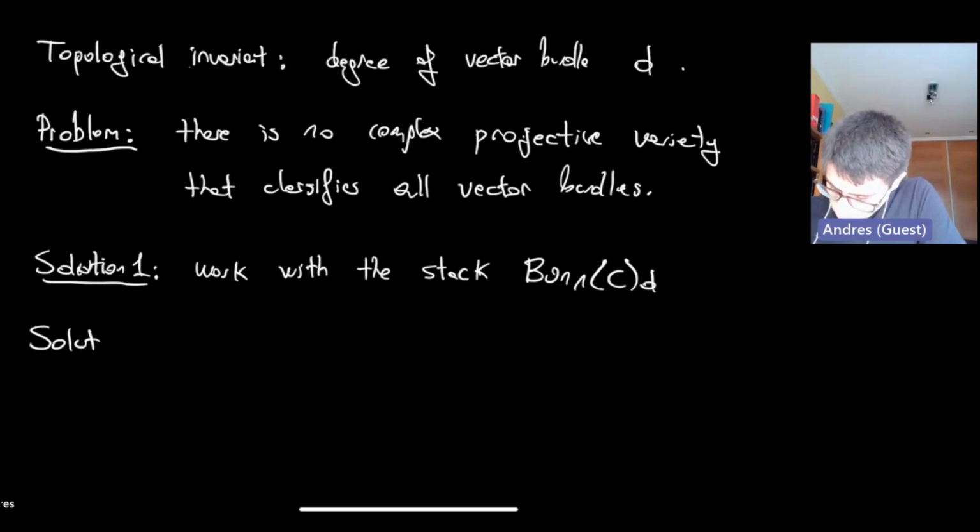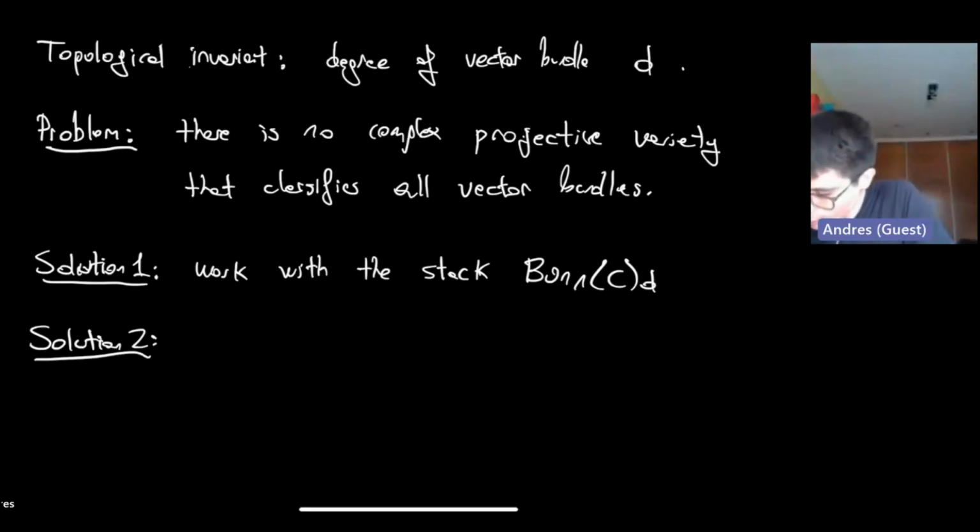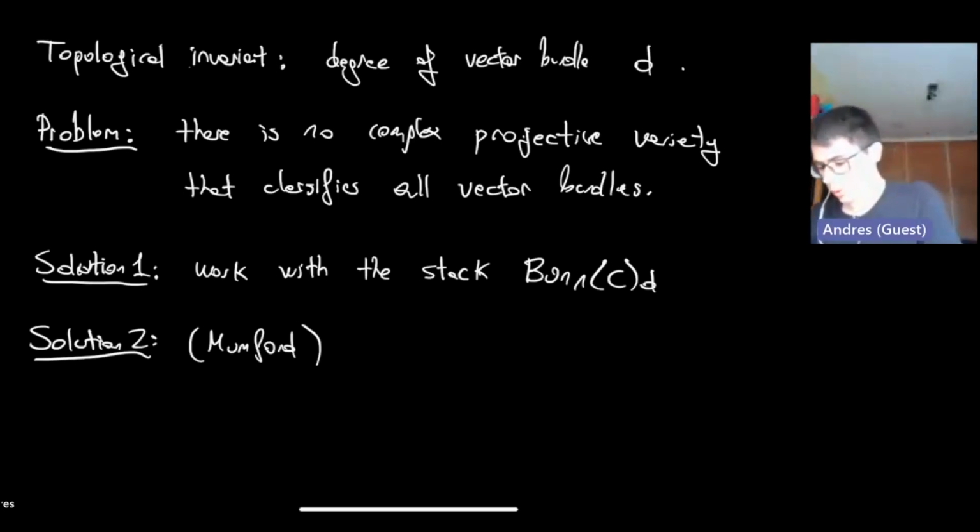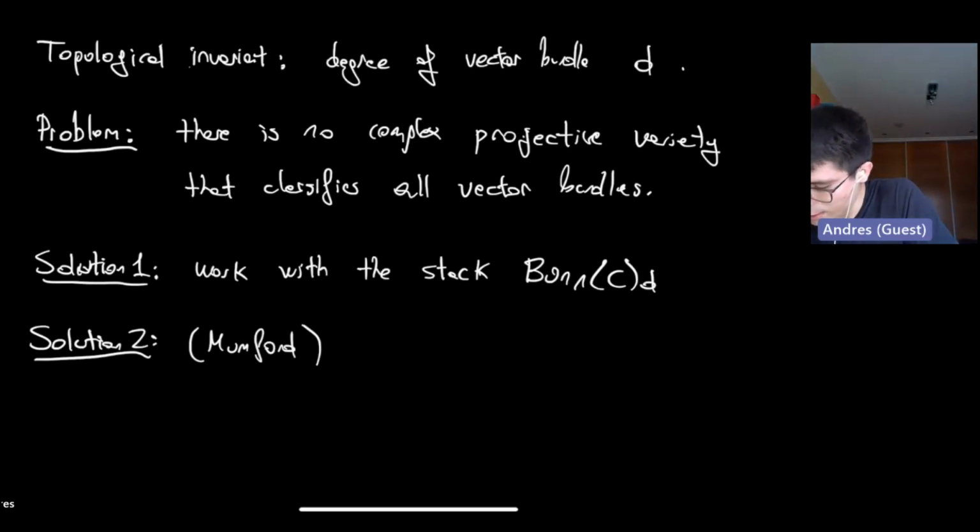The other solution, I think originally due to Mumford, with following work by Seshadri, Narasimhan, and a lot of work on this, is instead of looking at all vector bundles, we can restrict.